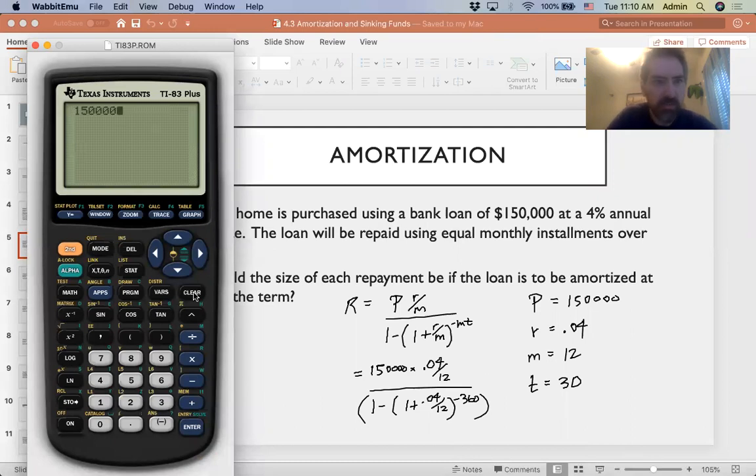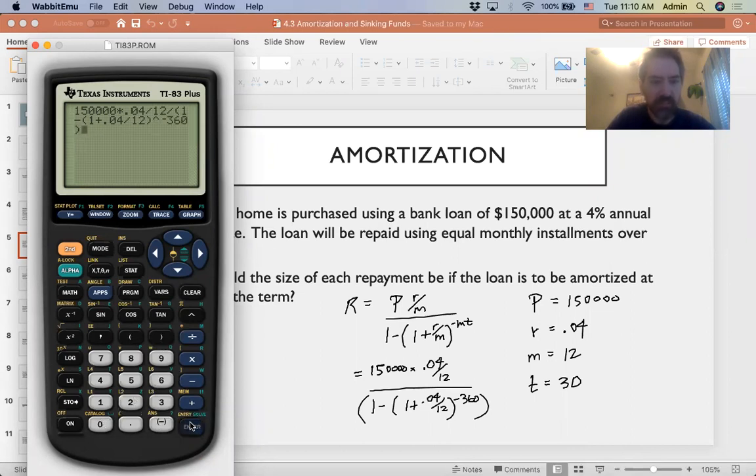150,000 times 0.04 divided by 12 divided by parentheses, 1 minus parentheses, 1 plus 0.04 divided by 12. Close the parentheses and raise it to the negative 360.